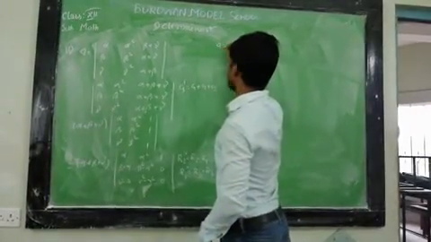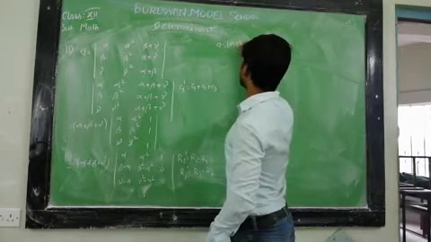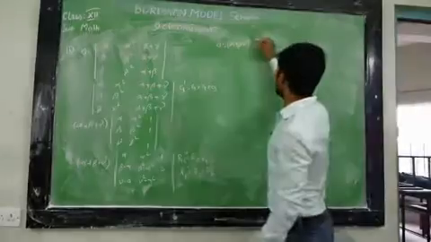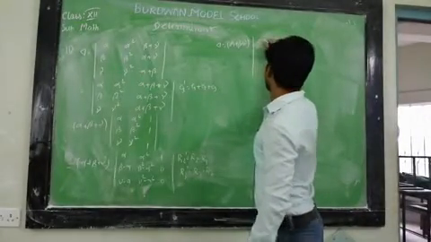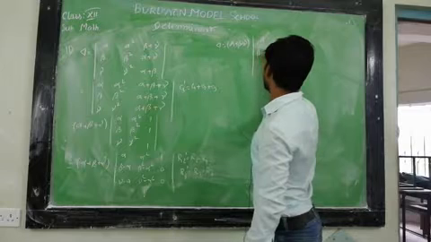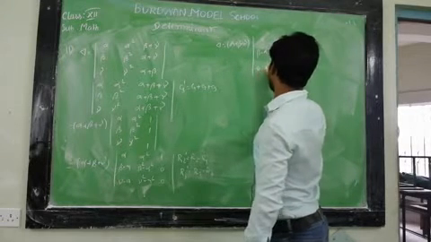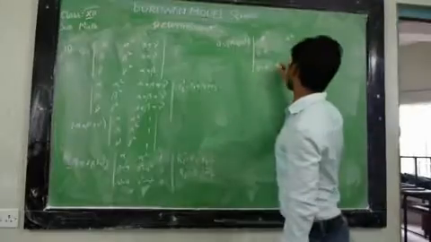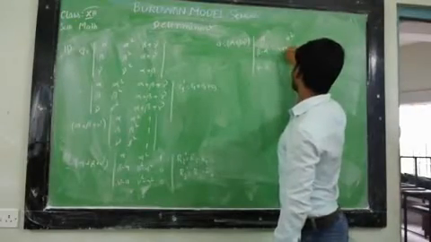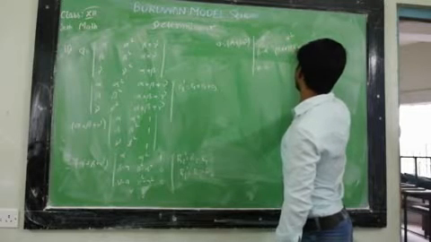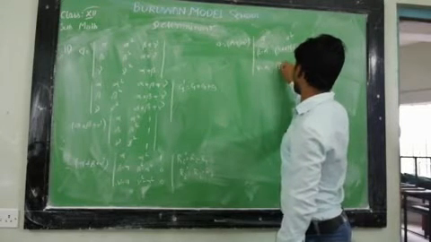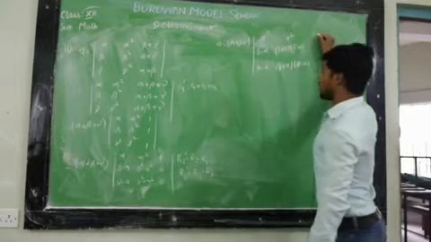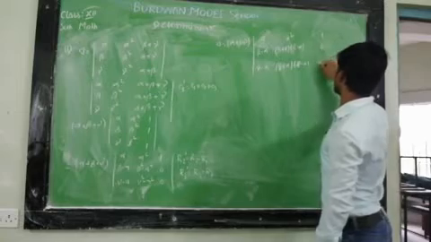Or delta equals alpha plus beta plus gamma into the determinant. Now beta square minus alpha square can be written in the form beta plus alpha into beta minus alpha. Similarly, gamma plus alpha into gamma minus alpha, and here it is 1, 0, 0.